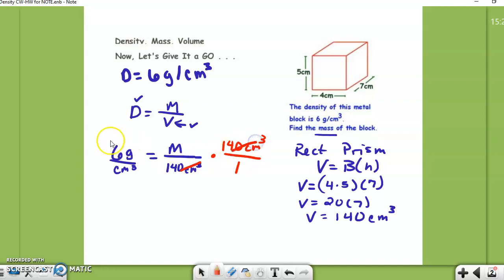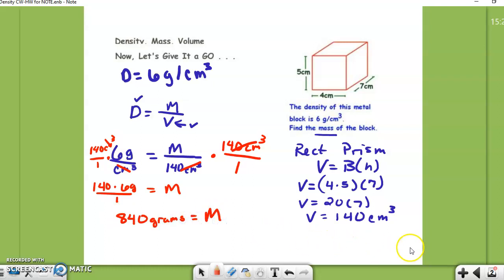But if I do that on this side, I've got to do it on this side. Now what happens is the centimeters cubed still cancels, and I end up with 140 times 6 grams over 1 equals my mass. And when I multiply 140 times 6, I get 840 grams equals my mass. And that is a common unit of measure for mass.